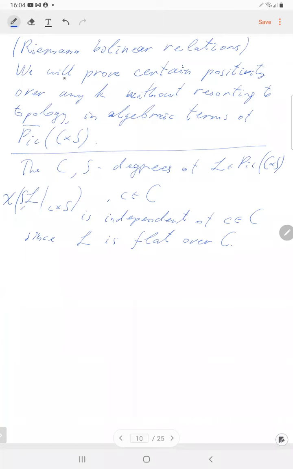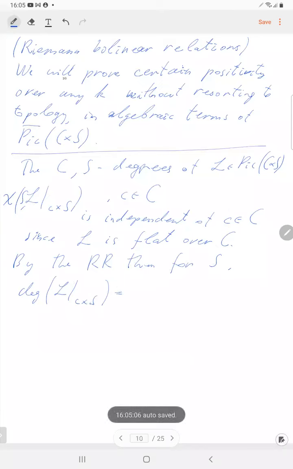But then by the Riemann-Roch theorem for S, the degree of L restricted to C times S is the Euler characteristic of this restriction minus 1 plus the genus of S. This is the definition.